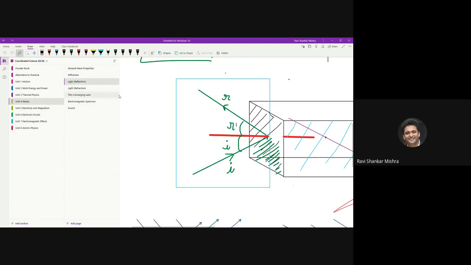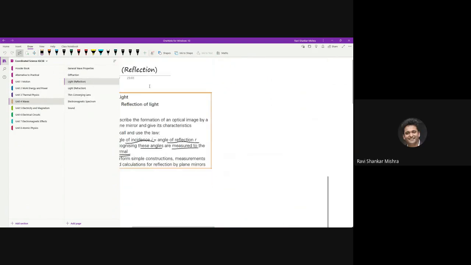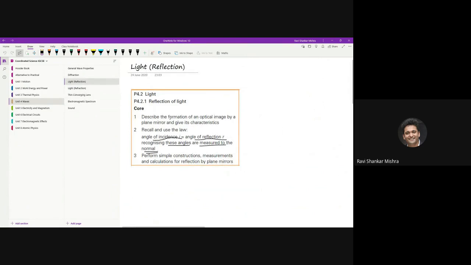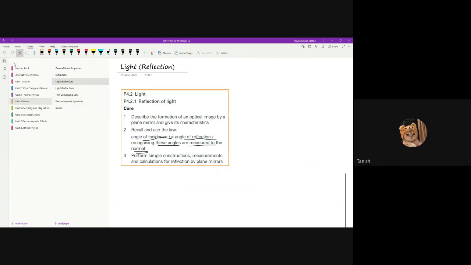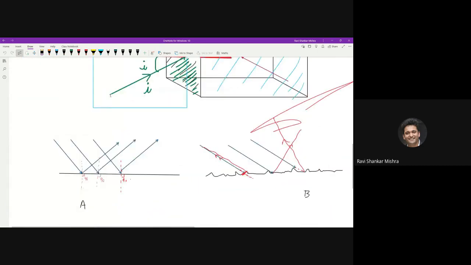So reflection, let's check reflection, whether we are done with everything or not. Describe the formation of an optical image by a plane mirror and give its characteristics. Do you know how to draw an image with the help of a plane mirror? No, sir. Okay, so let's do it here.